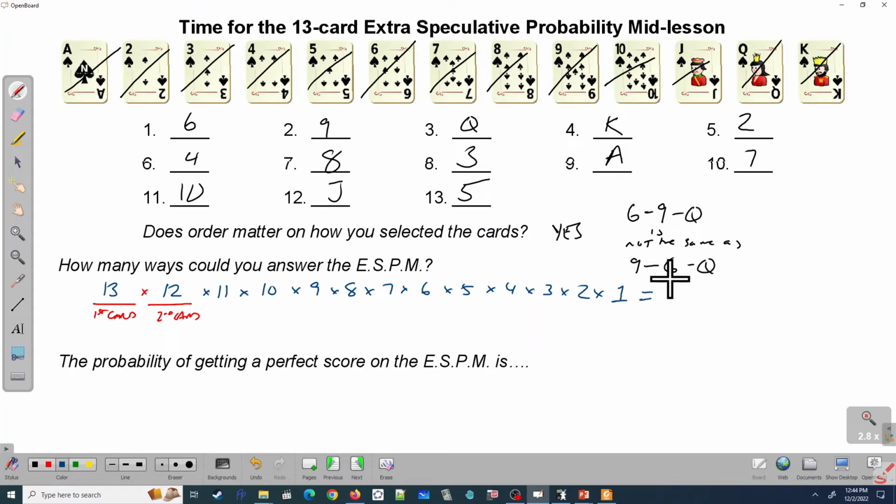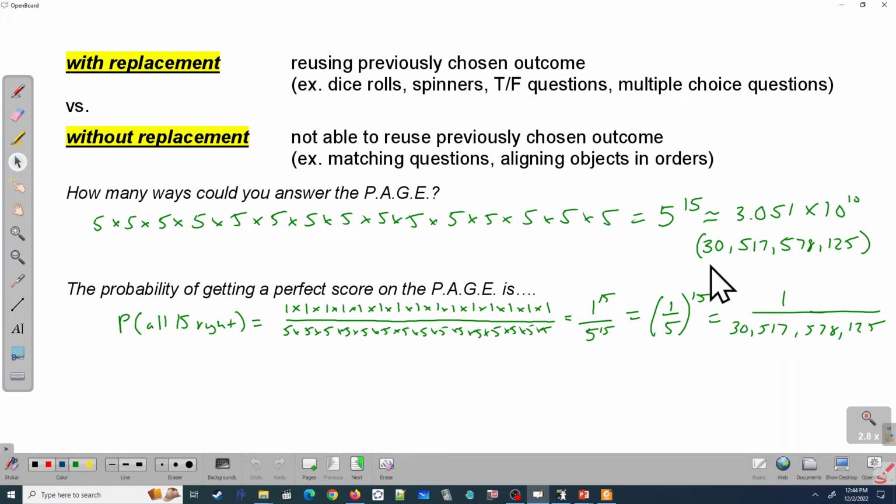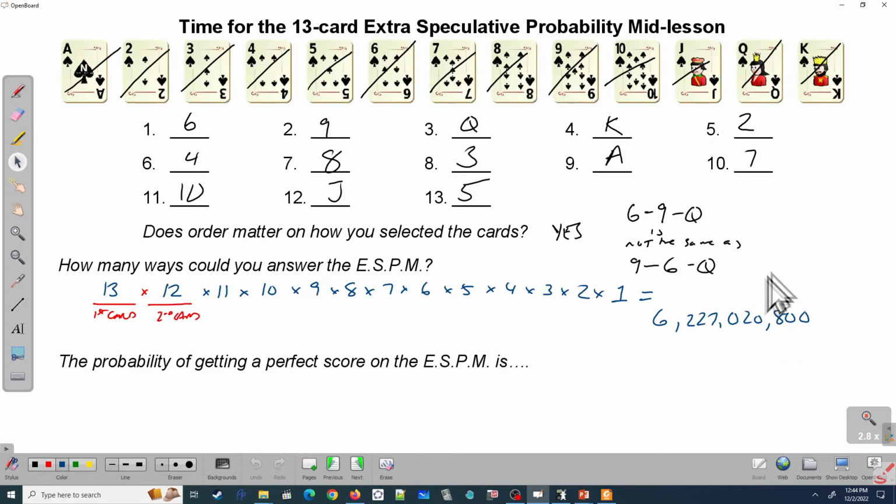Well, this works out to be, in this situation, 6,227,020,800, meaning it was actually a better chance that I could have done this than if I could have actually answered this, because there were 30 billion possibilities. This one only had 6 billion possibilities.